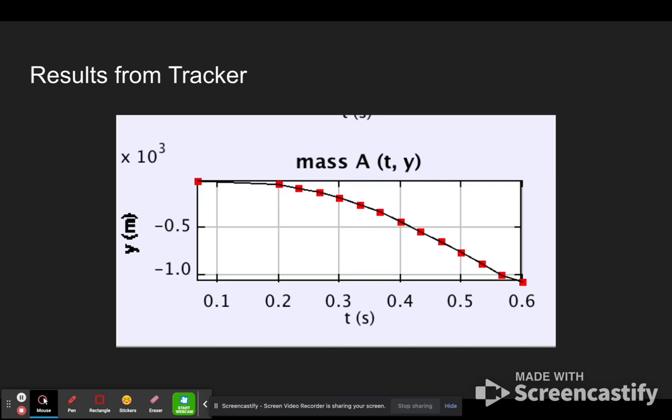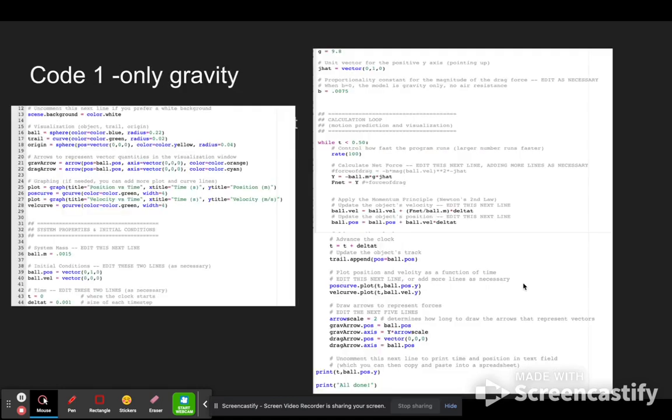So this is a result from the Tracker. We see that it started from 1 meter, which I had the axes originally as 0. Then as it falls, here we have it ends at 0.6. So here's the code used in GlowScript. We set up everything, and we have the ball's mass, and then the position starts at 1.